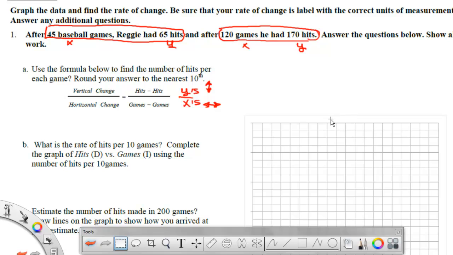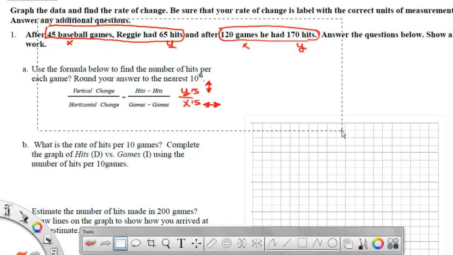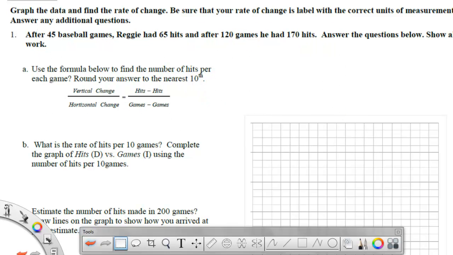So let's go ahead and look at this formula now. Vertical change would be hits minus hits, so that would be 170 hits minus 65 hits. And then I have the games. I have 120 games minus 45 games.